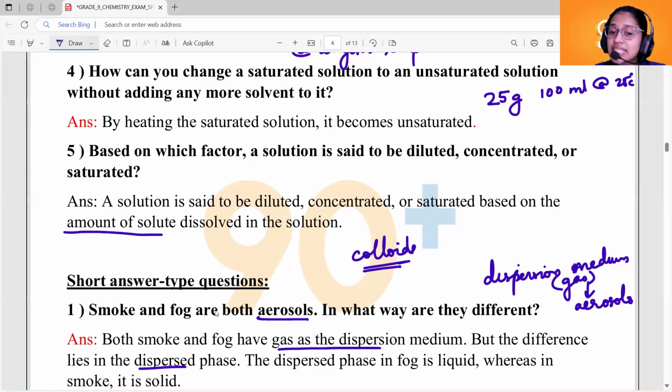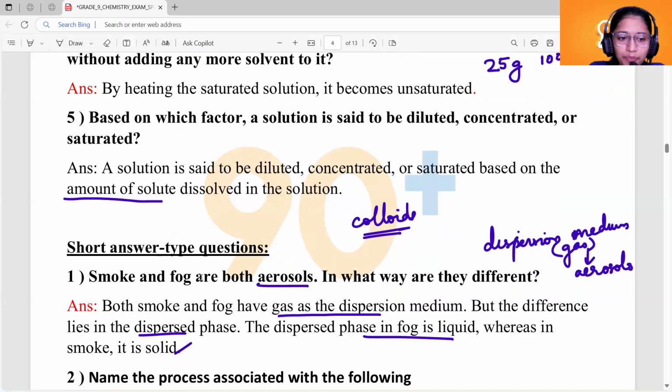The dispersed phase in fog is liquid, whereas in smoke it is solid. Okay, see, you have questions from that portion also. So please pay some attention to that table that we studied in class. Is it clear? Okay, so now we will move ahead.